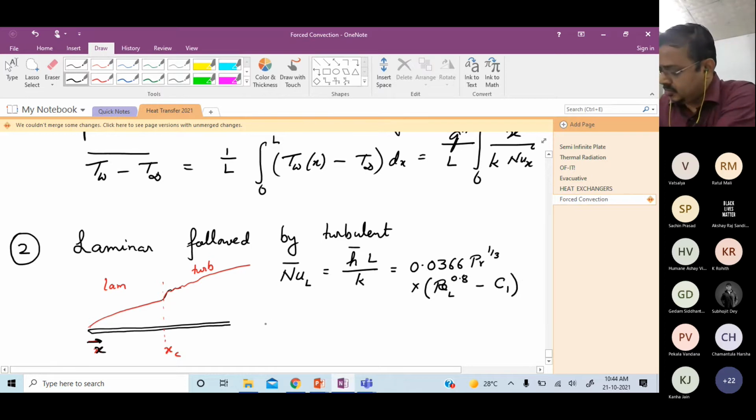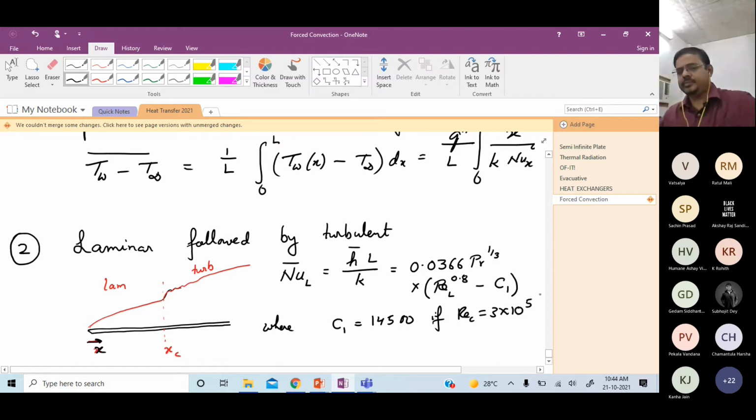Okay, where C1 equals 14,500 if Reynolds c equals 3 into 10 to the power 5. Okay, the critical Reynolds number for transition from laminar to turbulent, if that is 3 into 10 to the power 5, then this is what it is.